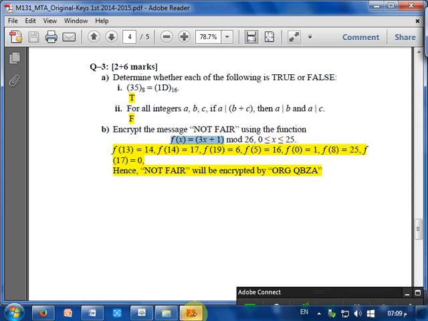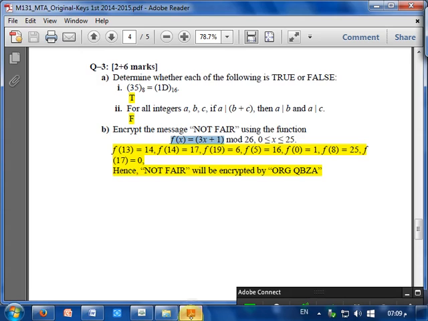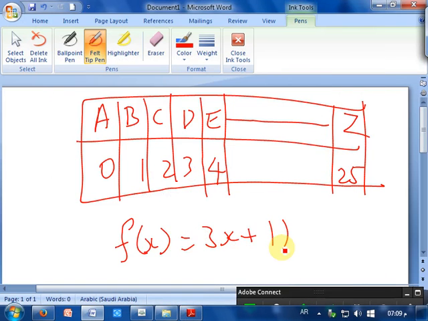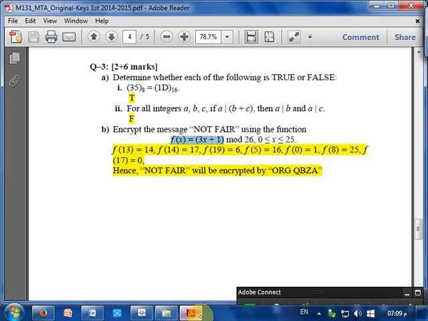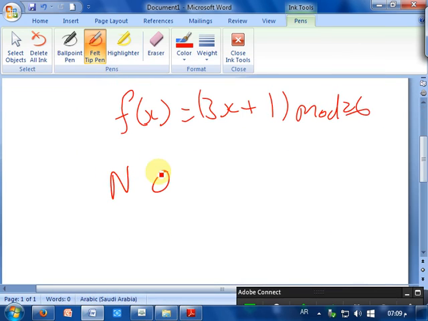Then the given formula is f of x is equal to 3x plus 1 mod 26. Now what is the given text? Not fair.